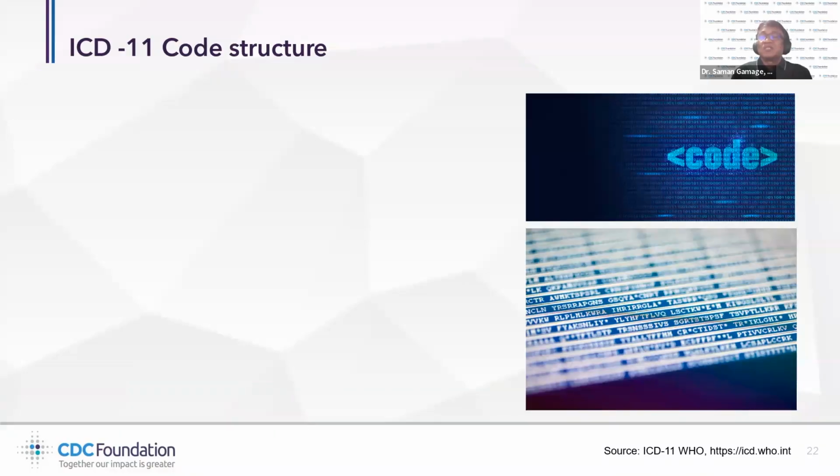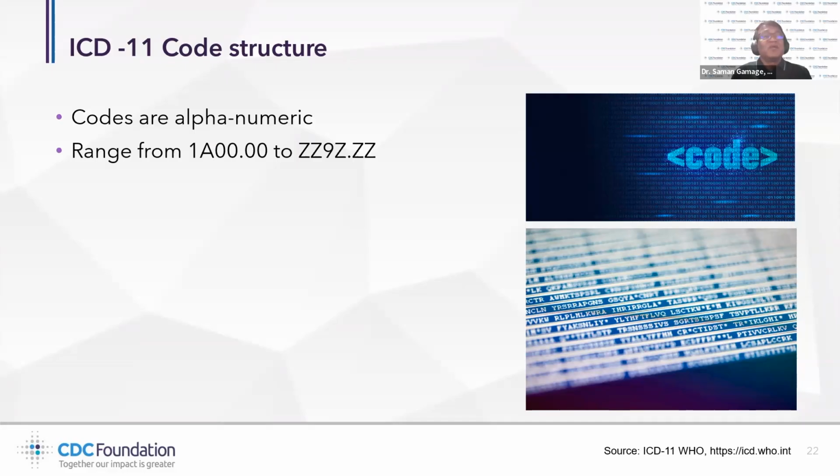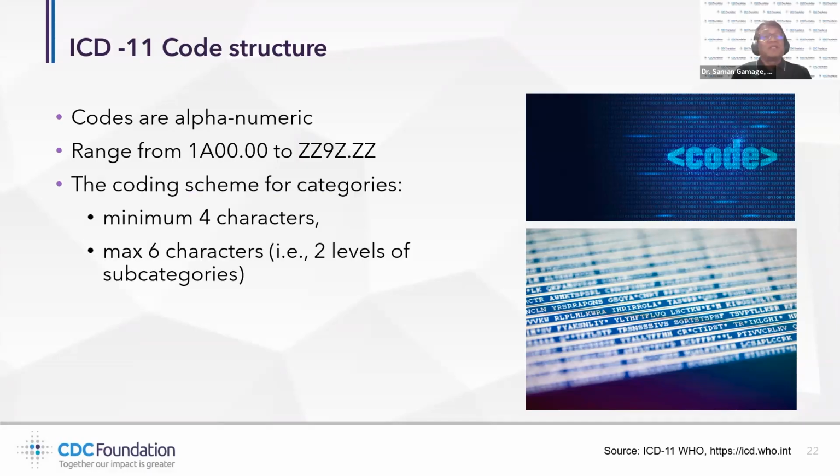ICD-11 code structure. ICD-11 uses alphanumeric codes for flexibility and easy expansion, and supports a greater number of codes and combinations. Similar to ICD-10, codes are alphanumeric. They range from 1A00.00 to ZZ9Z.ZZ, with a minimum of 4 characters and a maximum of 6 characters.